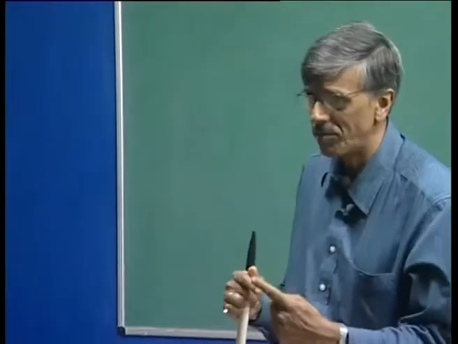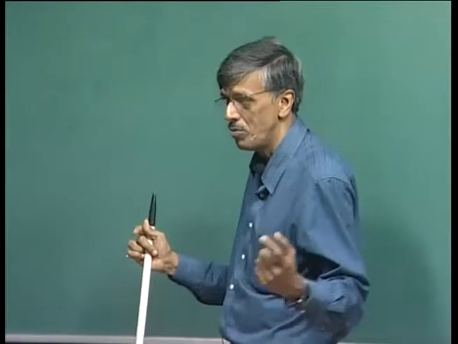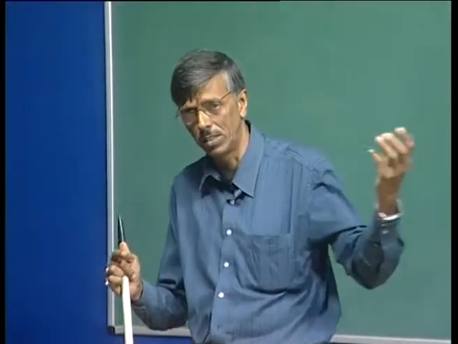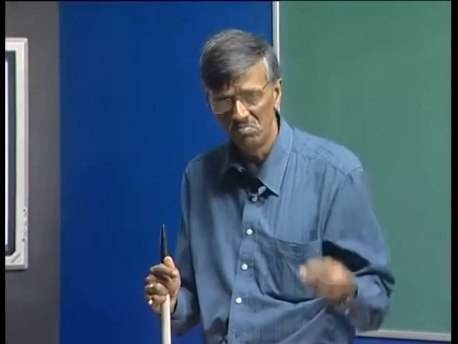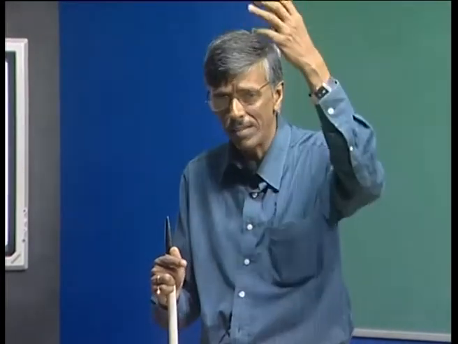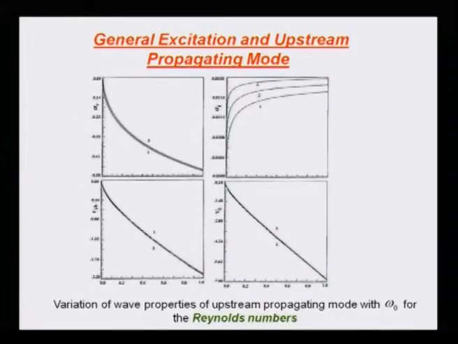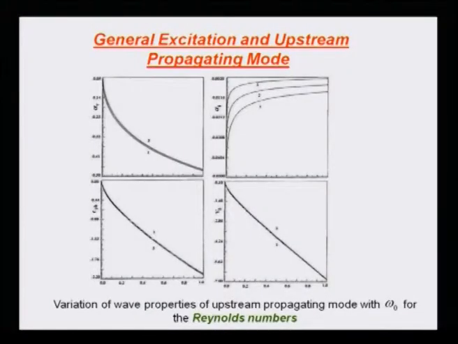So if I am looking at a tunnel with a dirty flow, then discrete vortices going over the plate would give rise to some of these modes. And you can see the various values of phase speed and group velocity tell you they are indeed upstream propagating.